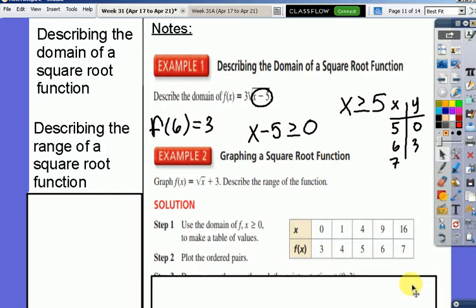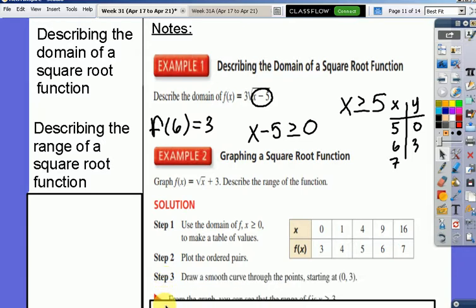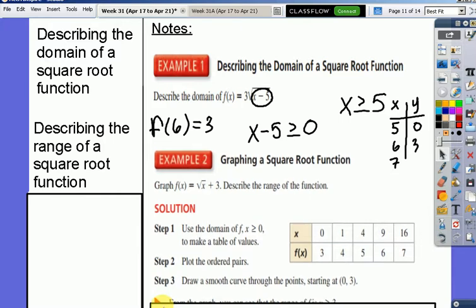Describe the range of the function. They said use the domain to make a table of values. So, they set what was on the inside of the radical greater than or equal to 0 and made a table of values. And they plotted it.